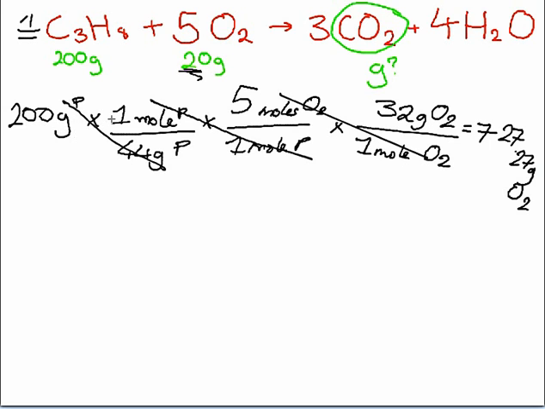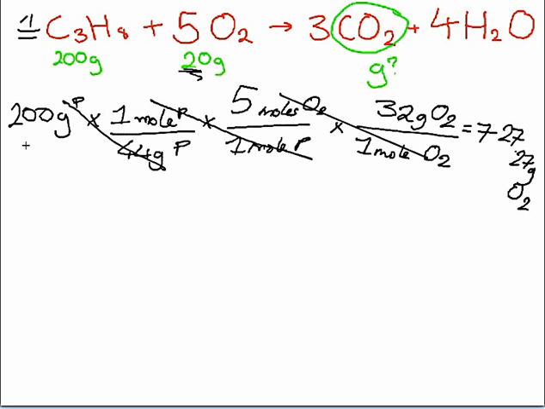It means that we don't have 727 grams of oxygen gas for the 200 grams of propane to be completely used out. So that means the propane is not going to be completely used in this equation.